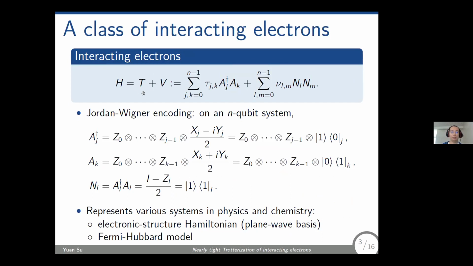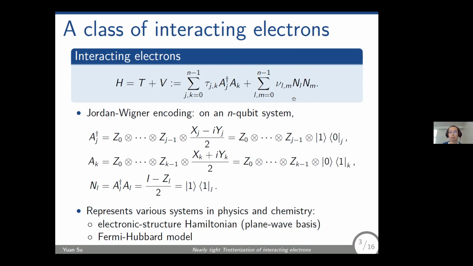Here's the definition. Let's say this Hamiltonian H is decomposed into two parts, the operator T and the operator V. The operator T is further decomposed into a linear combination of a_j dagger a_k. This is called the creation operator, and this is called the annihilation operator.